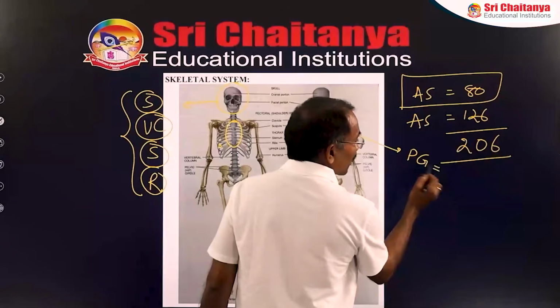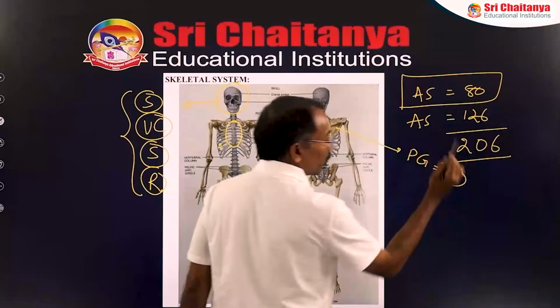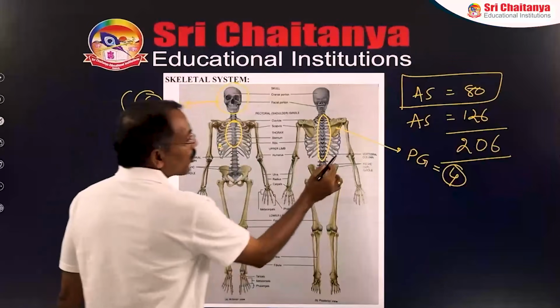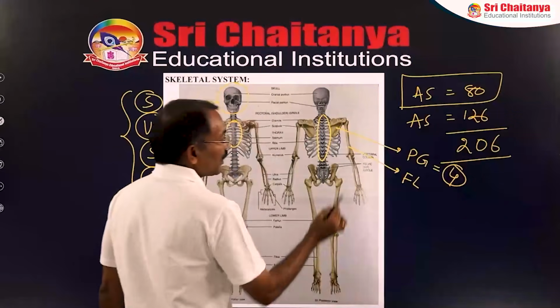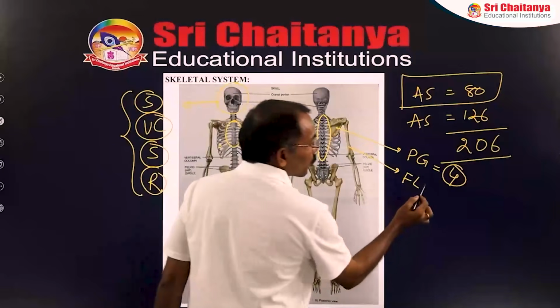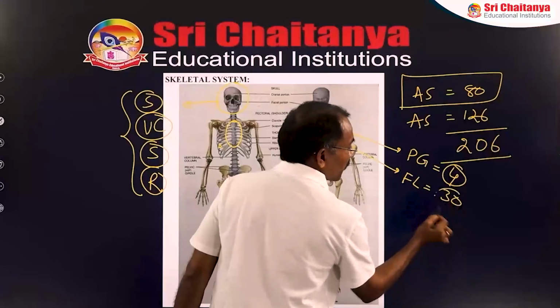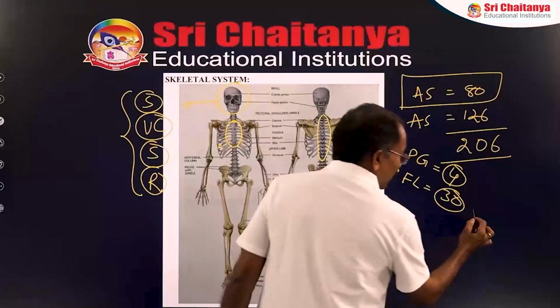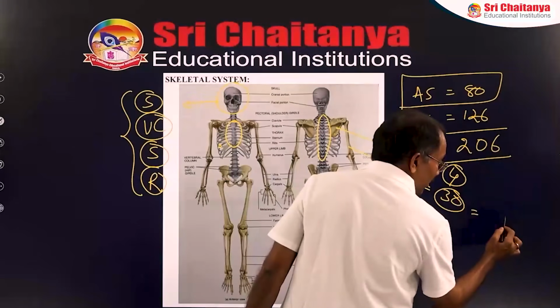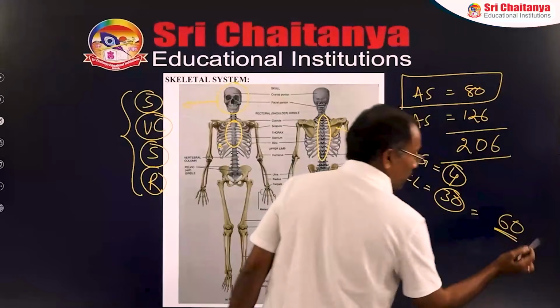Total pectoral girdle includes total 4 bones. The bones in each forelimb, each forelimb is composed of 30 bones. So both forelimbs include 30 plus 30, total 60 bones.